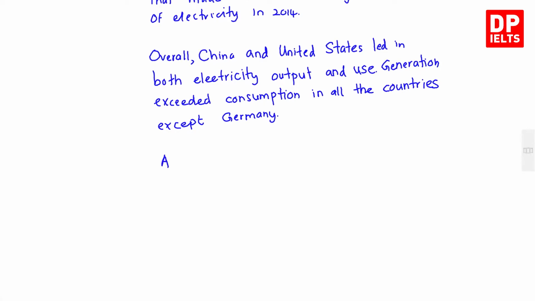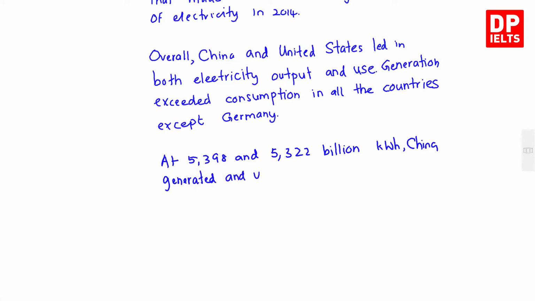At 5,398 and 5,322 billion kilowatts, China generated and used more power than any other country.